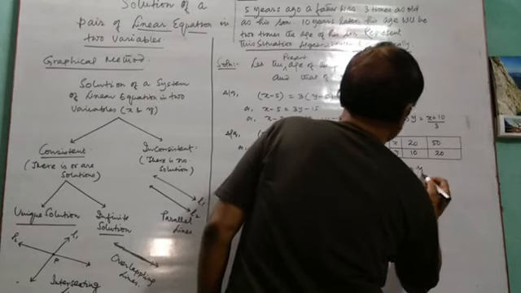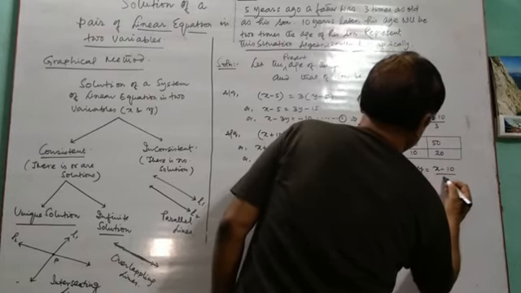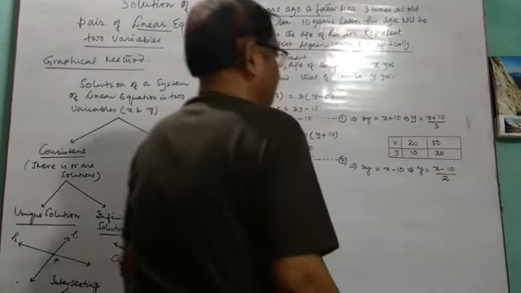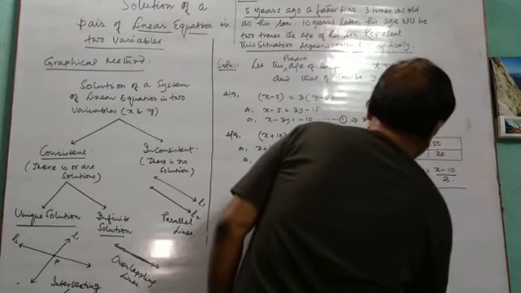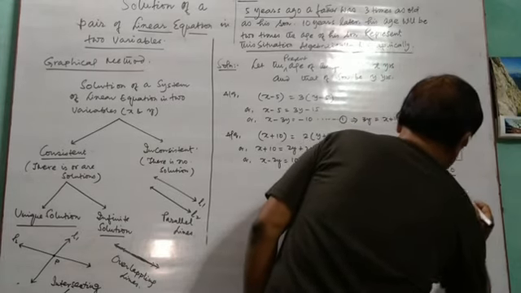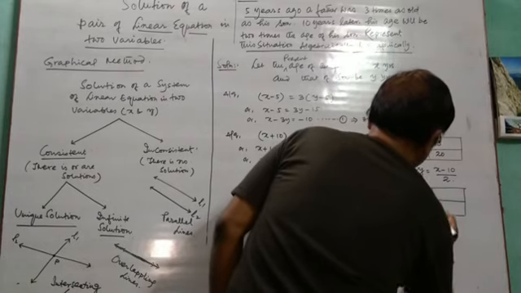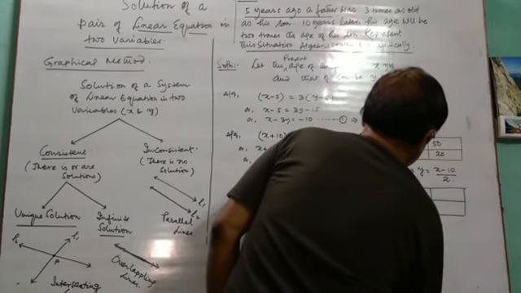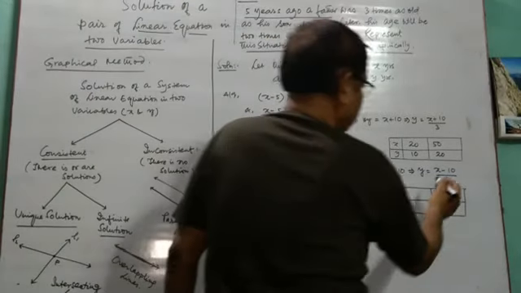That implies y is equal to x minus 10 by 2. Now again you make a value chart the same way as I have told you, with independent variable x and dependent variable y.